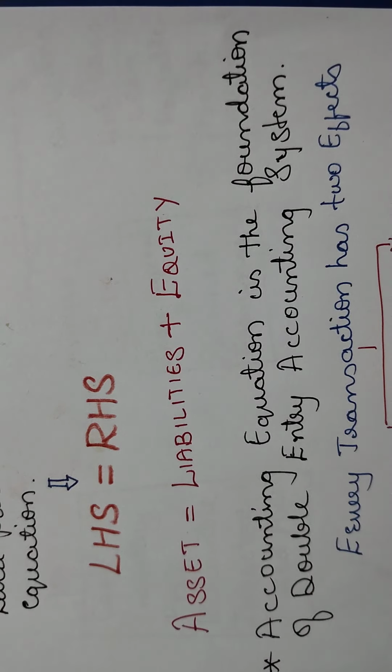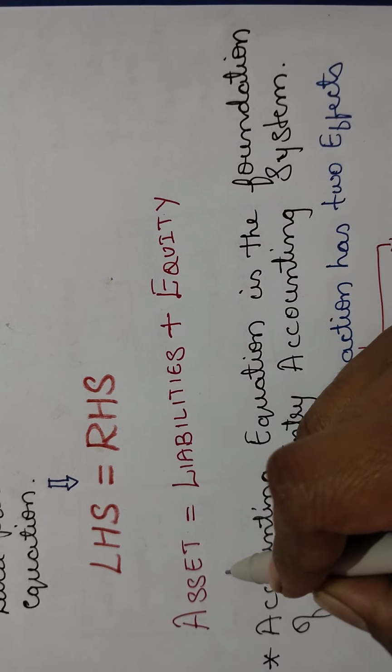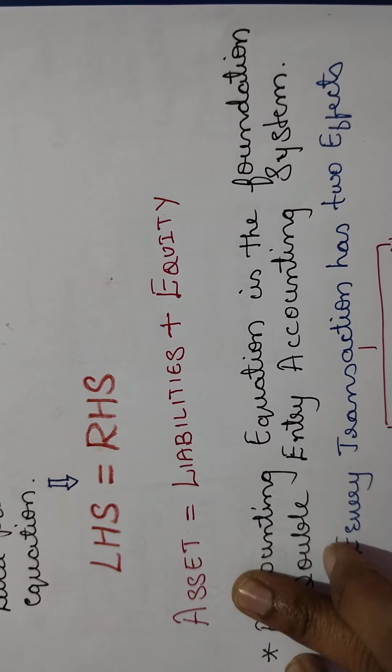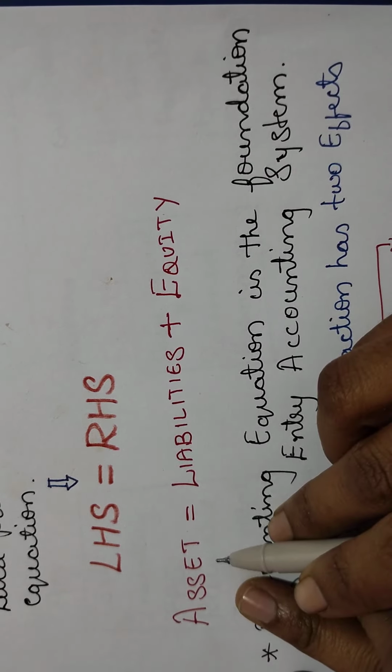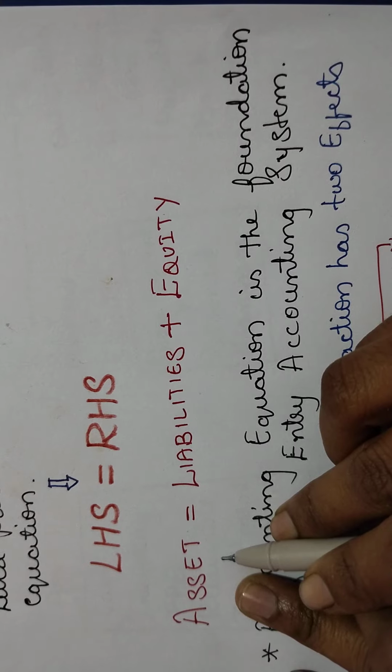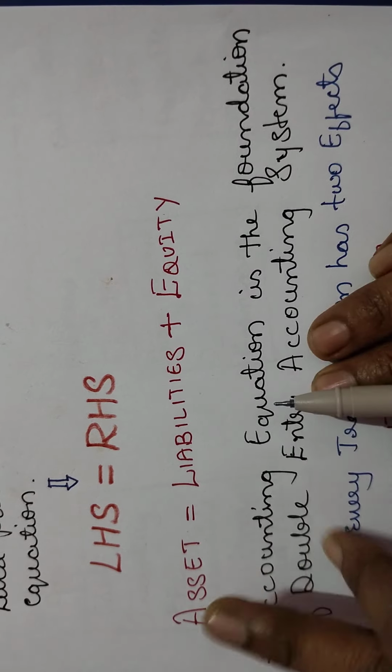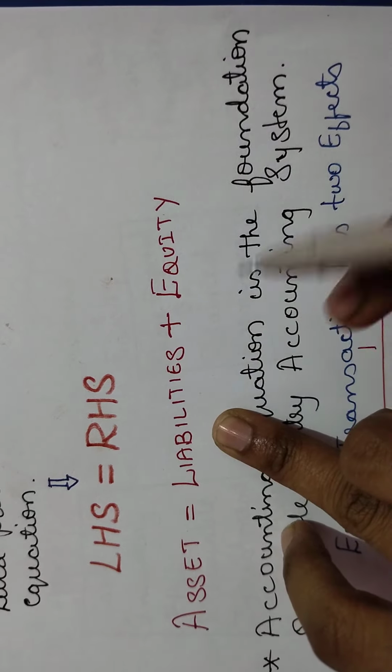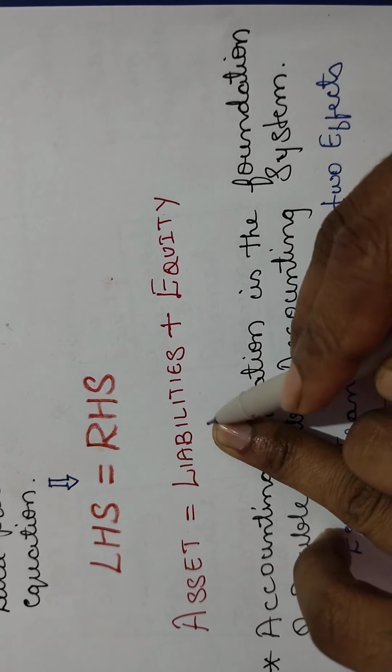Asset means an economic resource which is going to give a future benefit, and it can be owned and controlled by the owner. And liability is what you owe to others.